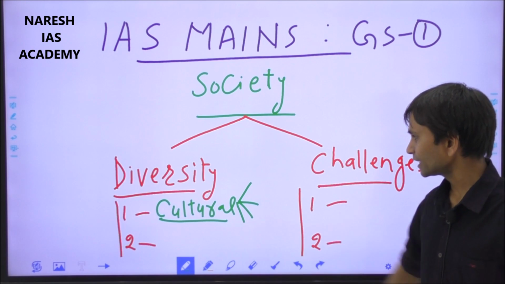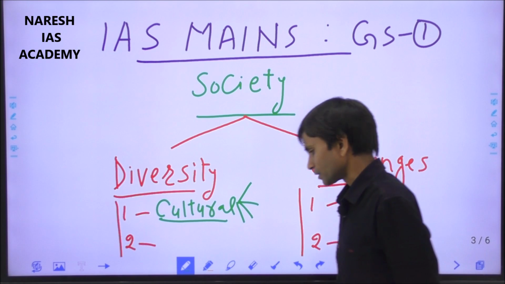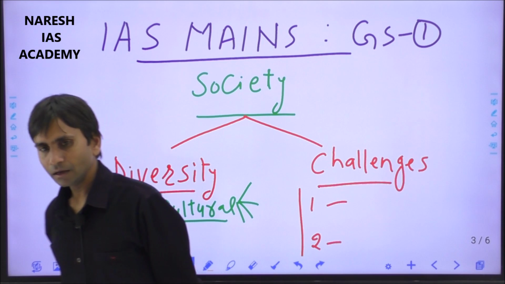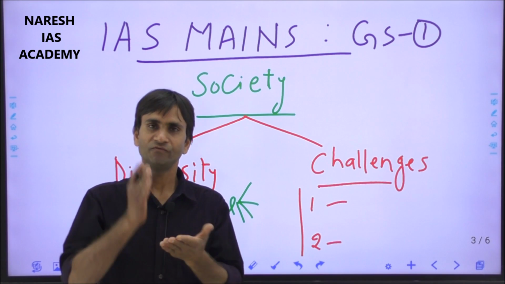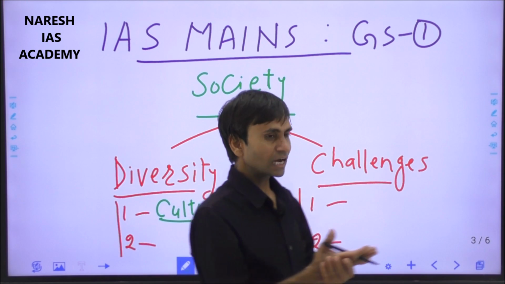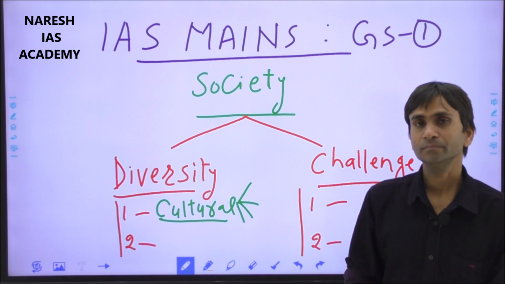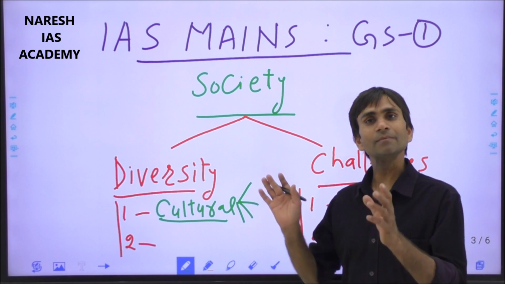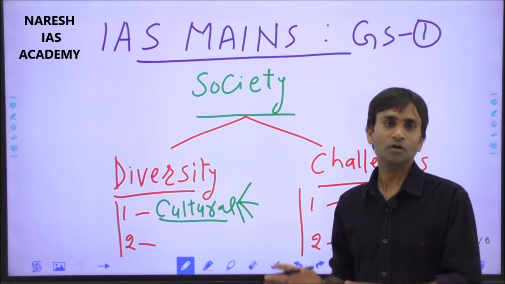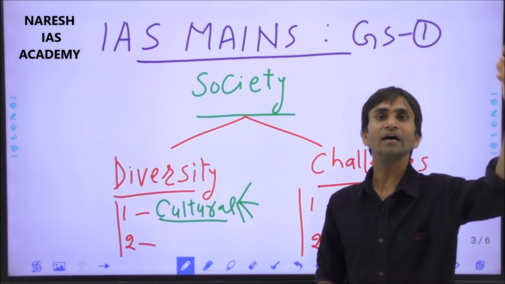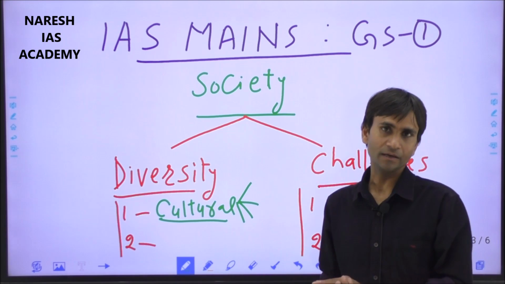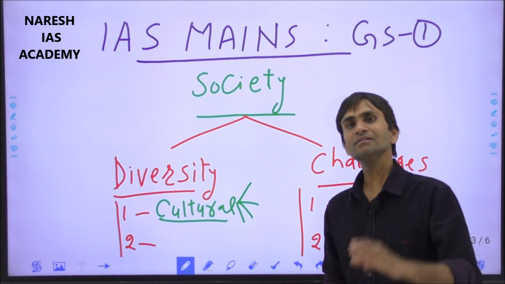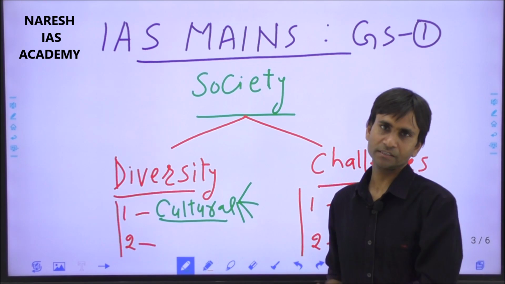And additionally, now we should try to understand what the basic pillars behind the cultural diversity of the country are. Because this diversity has continued from ancient times, or we can say for the last 3000 years.